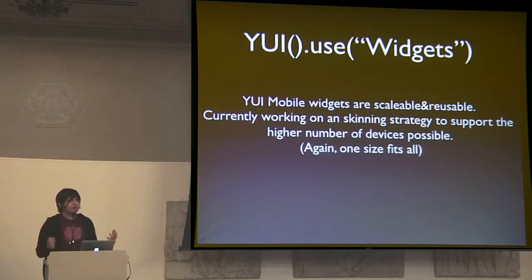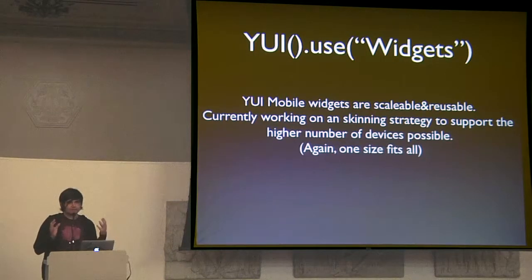We're trying to think how we want to create the skins for the widgets and the level of scale, so they're agnostic in terms of the device you're deploying to. So again, we're working on it. We just want to make sure that we get it right.